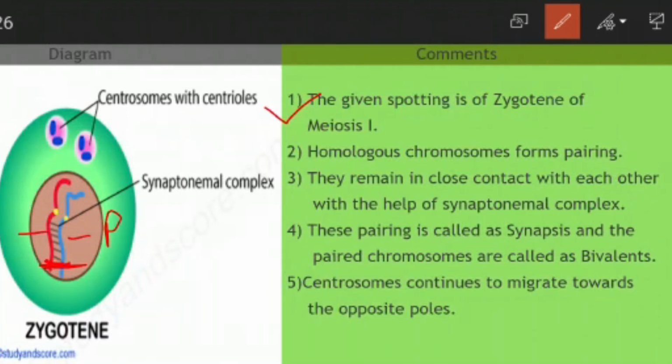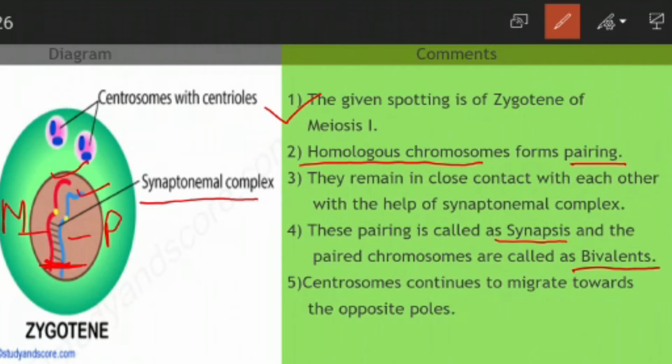one from the paternal side and another from the maternal side, these two homologous chromosomes form pairing. This pairing is called synapsis, and these two chromosomes together are called a bivalent. These two homologous chromosomes are in close contact with each other with the help of one complex. That complex is called the synaptonemal complex.